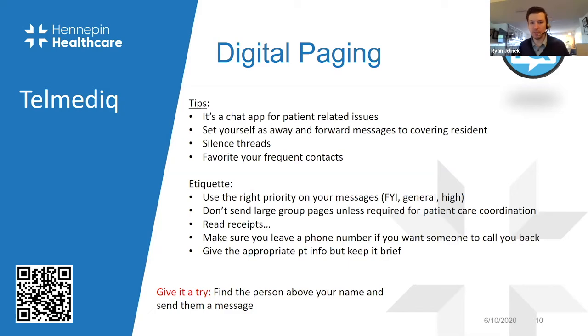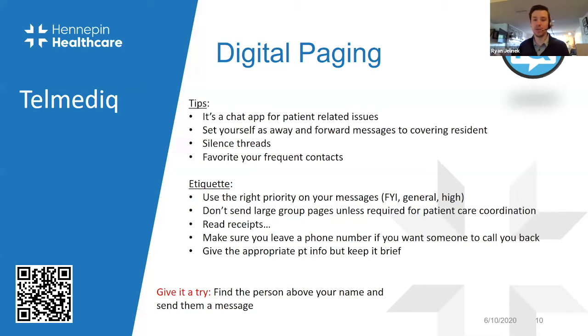If you're paging in either Telmetic or through the American messaging platform that I showed you earlier, make sure you leave a phone number. If you want somebody to call you back, you'll have to leave a phone number. If it's within Telmetic, it's a little easier because they can just message you right back. If it's in American messaging, know that it doesn't say who it's coming from, right? It just sends it through that platform, because when you logged into Amion, you just logged in with a generic password.